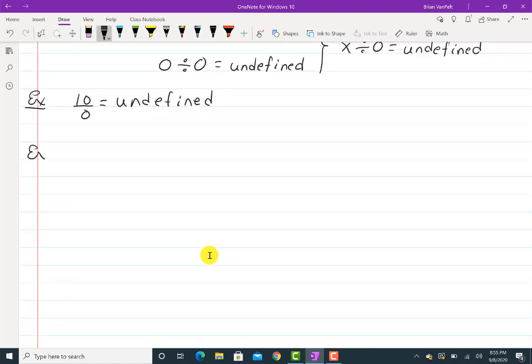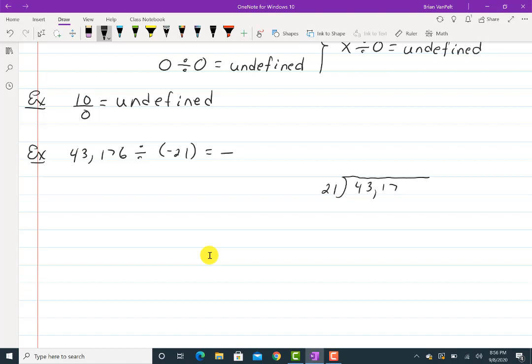Let's do a hardier example here. I have 43,176 divided by negative 21. So what I know right now is I know that I have a negative answer. To get the rest of the number, I'm going to have to take 21 and divide it into 43,176.